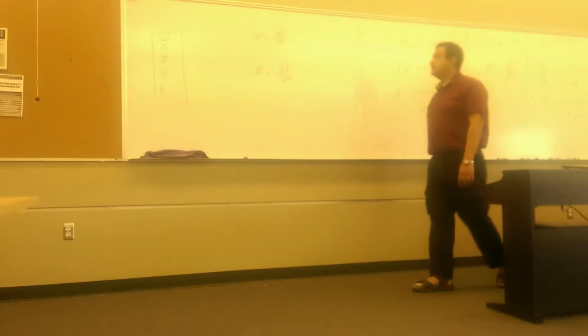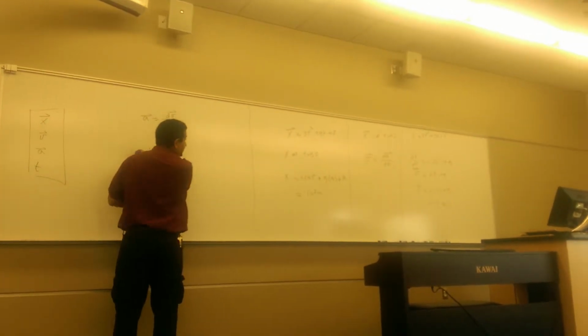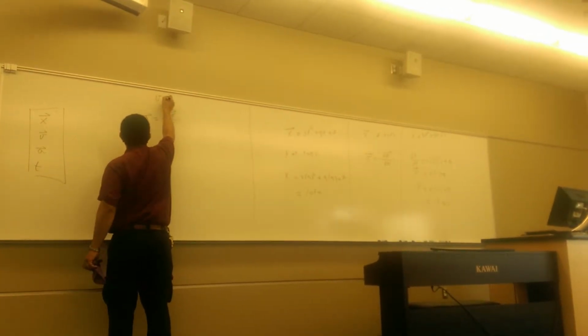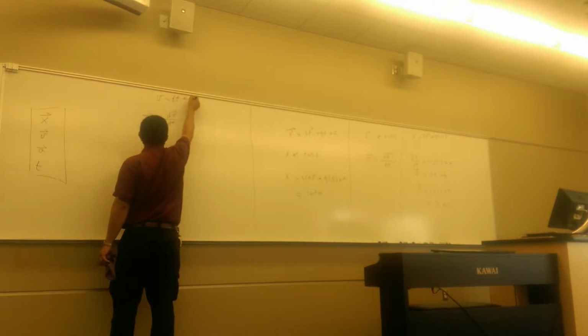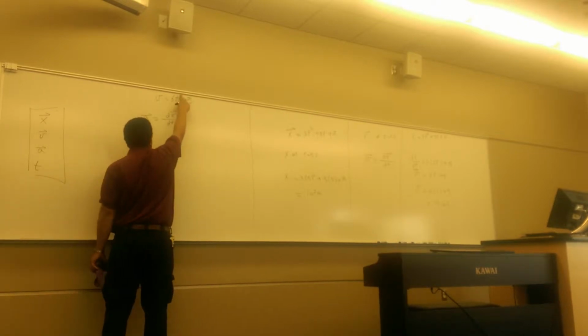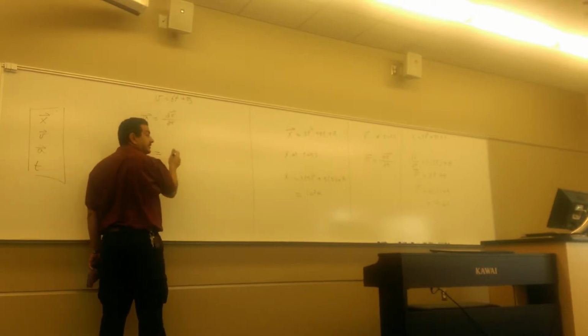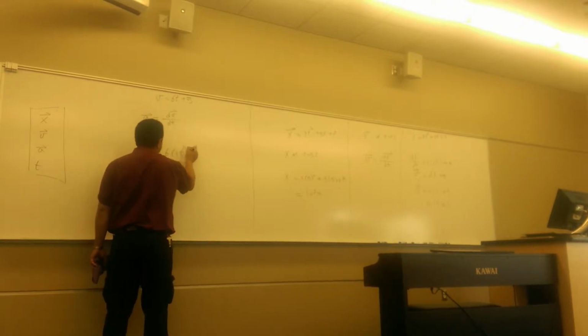So if I want to differentiate v, what is v? We just found what v is. v is 6t plus 5. So a would equal, this is to the power 1. 1 times 6 is? So it's going to be 6 times 1, t to 1 minus 1.